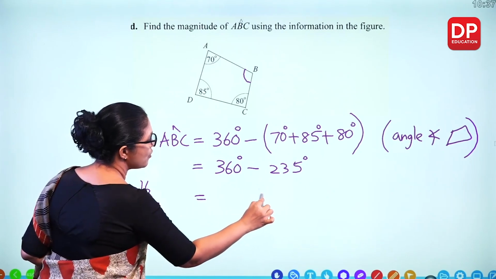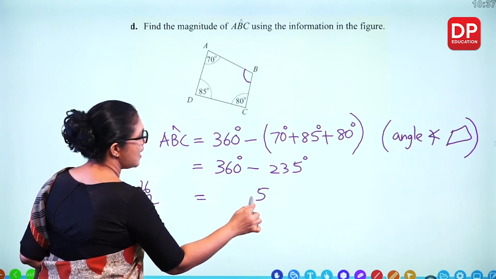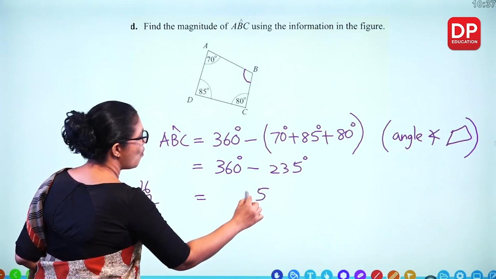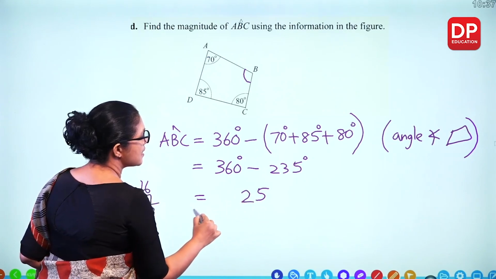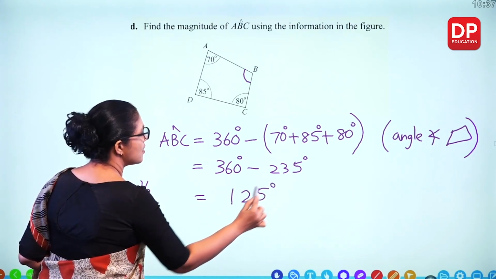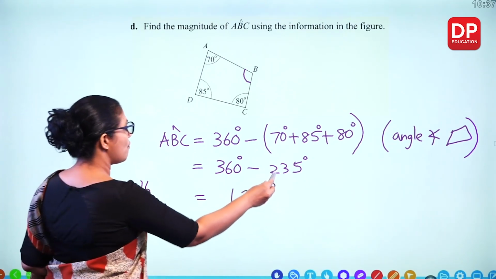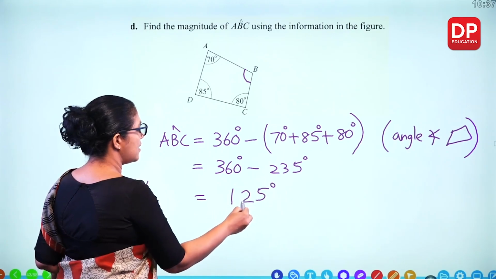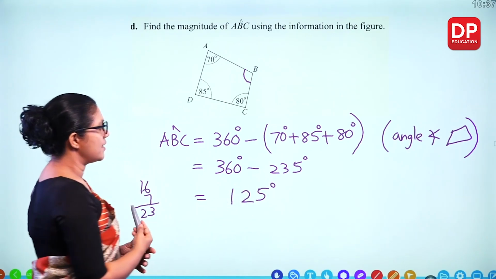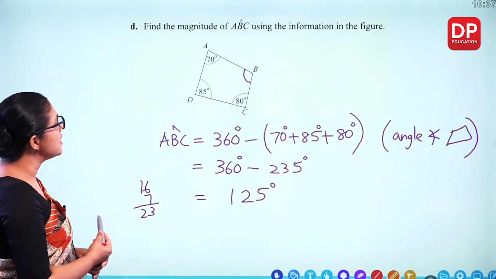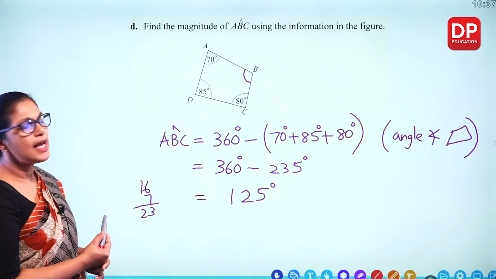When you subtract, you get 125. So 125 is the ABC angle.